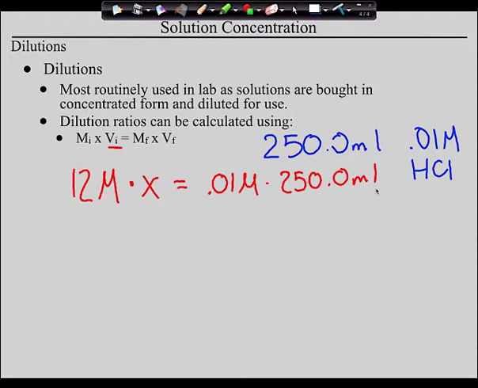Then we solve it. So we have 250 times 0.01, that of course is 2.5. Divide that by 12, and the answer that I get to two significant digits is 0.21 milliliters.